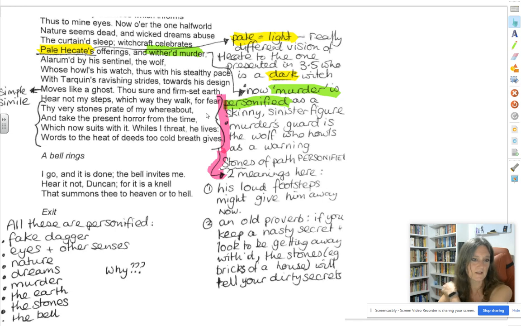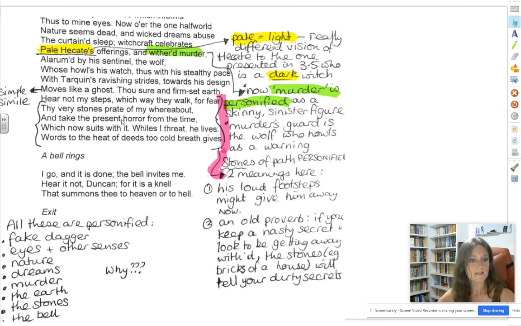It's almost like an ancient folk tale which Shakespeare's audience would have been familiar with. And you can see that here. The stones prate of my whereabouts and take the present horror from the time which now suits with it. So the stones in the earth know what's going on now, the present horror, but when the time is right for them, they will tell the story of what has happened.